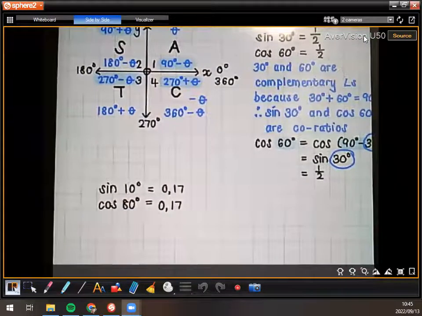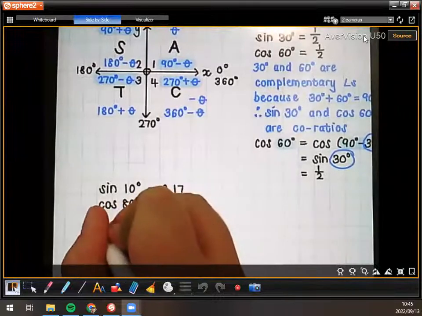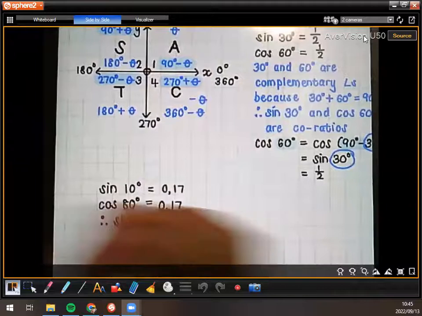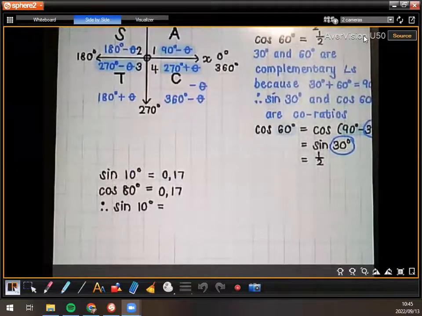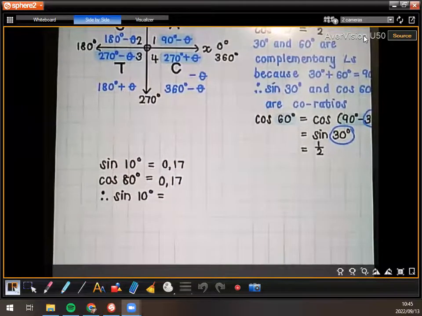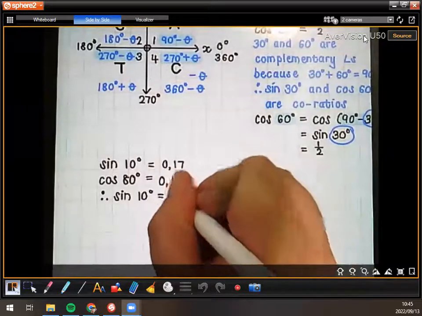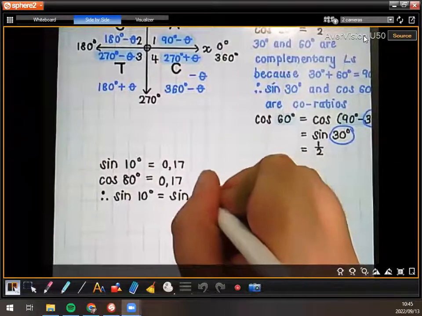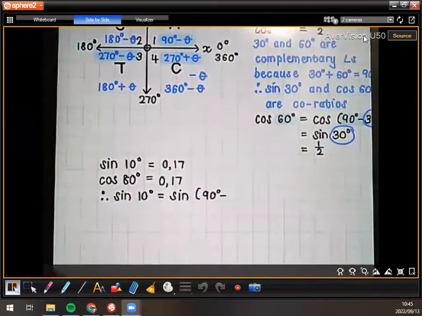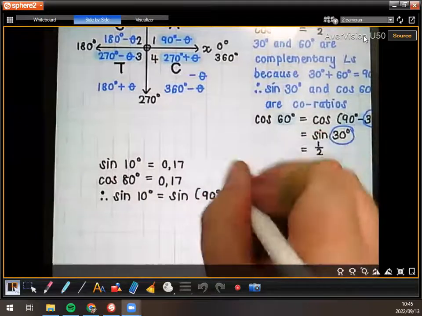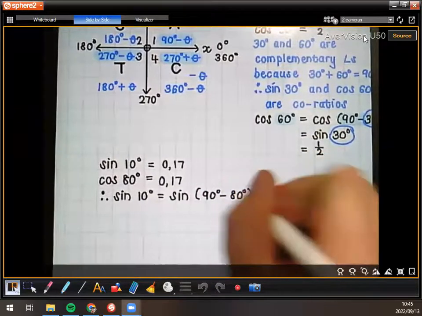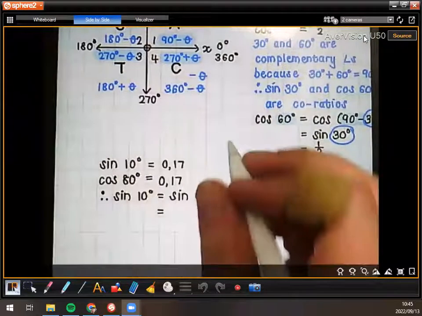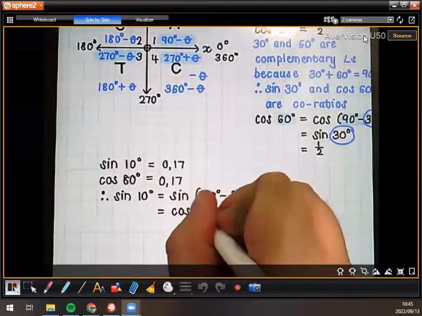So I can see that sine of 10 equals cos of 80. Now guys, again, just so that we can see the 90 minus thing, I'm going to rewrite 10 as 90 minus what will give me 10? 90 minus 80 will give me 10. And that was equal to what had the same value as sine 10? Cos 80 degrees.